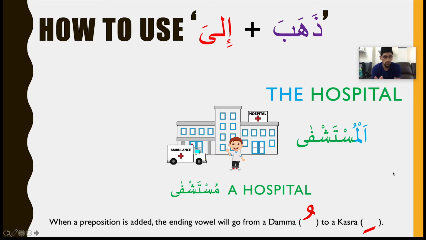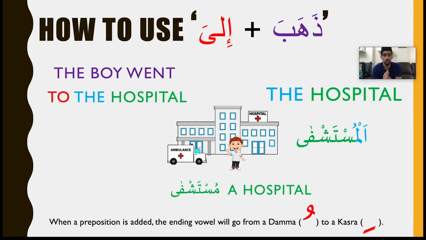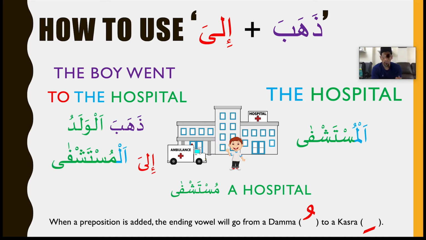You don't need to change it to al-mustashfu because that changes the whole word, so mustashfa remains the same. Now we're going to say the boy went to the hospital. ذهب الولد إلى المستشفى, the boy went to the hospital.